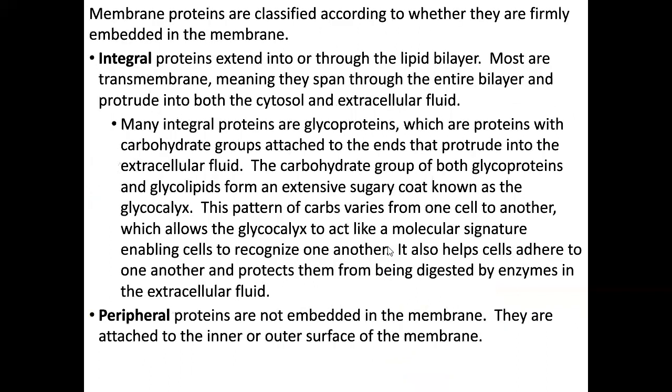Okay. Now, many of those integral proteins are glycoproteins, which are like glycolipids, except now it's the carbohydrate attached to a protein instead of a lipid. Same situation as glycolipids. Glycoproteins will be attached and found on the extracellular side.